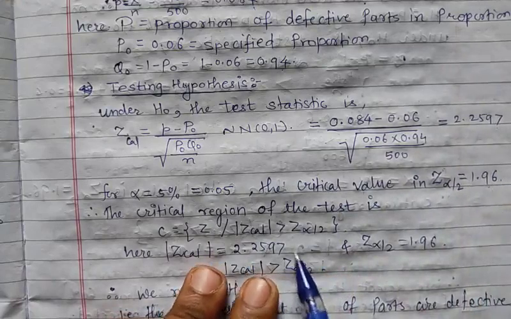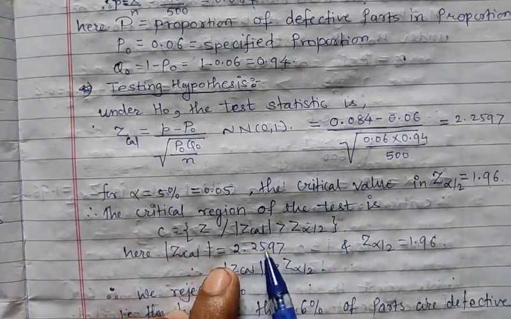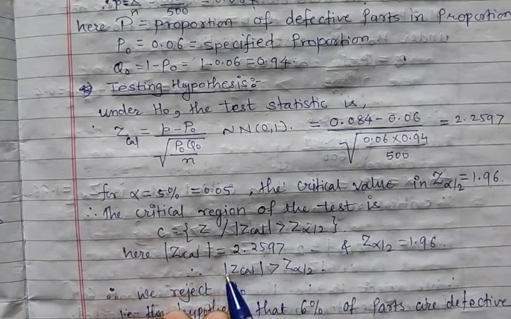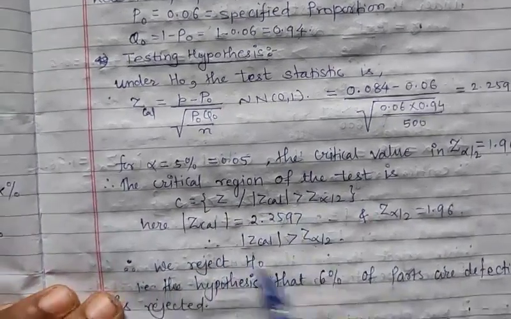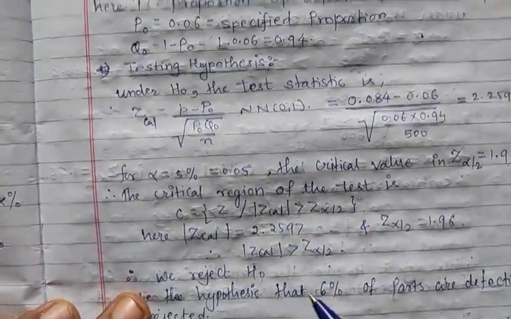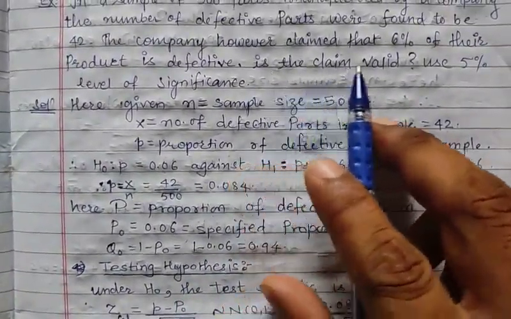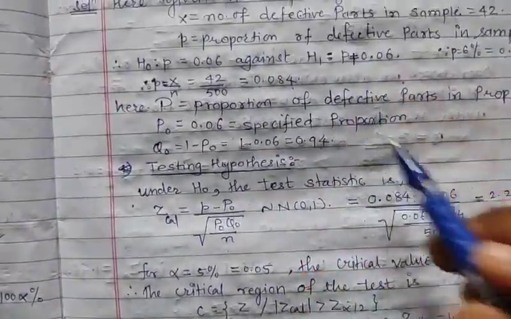Comparing these two values, 2.2597 is greater than 1.96, which means mod Z calculation is greater than Z alpha by 2. This condition is satisfied, therefore we reject H0. In this example we had to check whether the claim is valid. Since we reject H0, we accept H1.